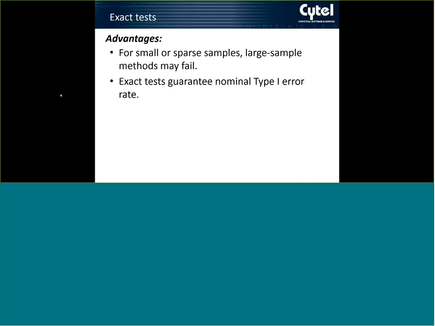And exact tests are exact in the sense that they guarantee a type 1 error rate that's set a priori by the analyst. So if you decide that your significance level is 5%, using an exact test guarantees that you don't exceed that. In many settings for finite samples, there's no such guarantee for asymptotic or large sample methods, like, for example, the conventional chi-square test or others like it.